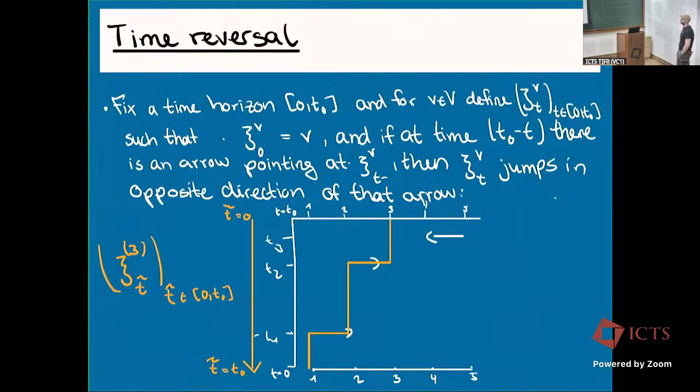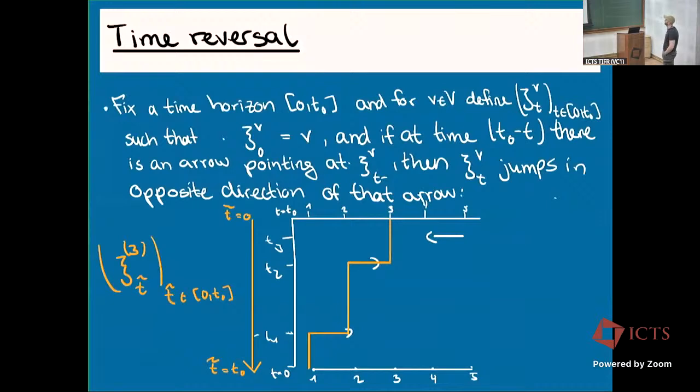And then what people do, if you fix a time horizon, you sort of trace back the origin of the opinion, right? So for any vertex v, here it's 3, you can define the following process that is initialized in v, so at time 0, zeta 0 is v.